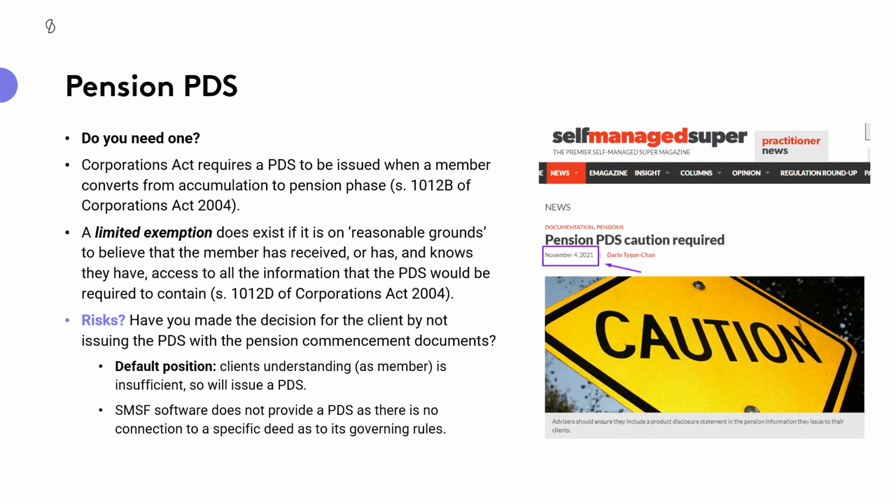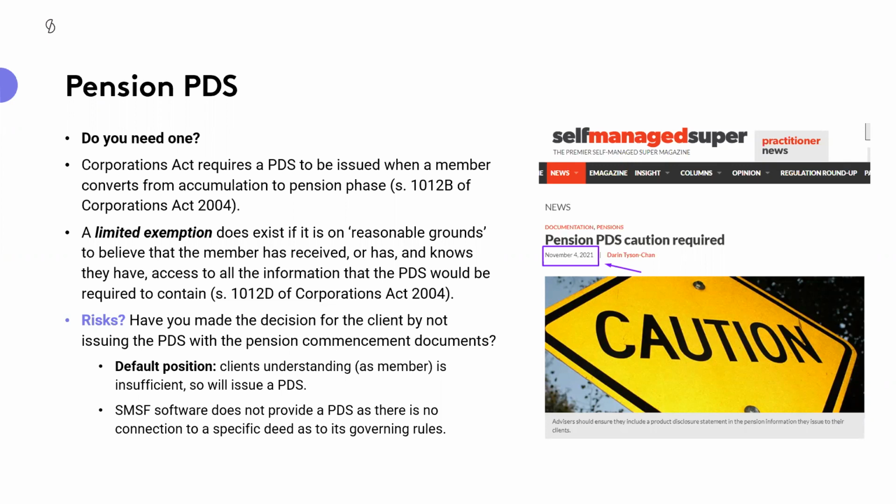It's set out in section 1012B of the Corps Act. Now, there is a limited exemption, but it only applies if there are reasonable grounds to believe that the member has received, or has and knows they have, access to all of the information that the PDS would be required to contain.